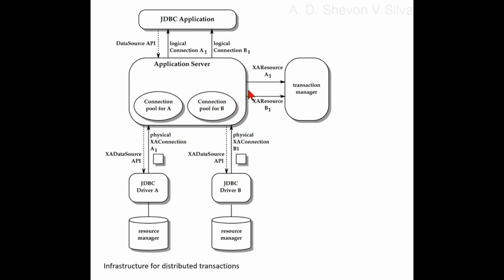The JDBC driver maintains a one-to-one correspondence between the XA resource object and its associated XA connection object, that is, multiple calls to the getXAResource method must all return the same object.